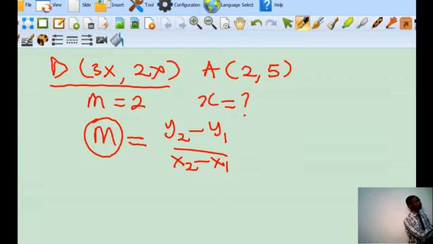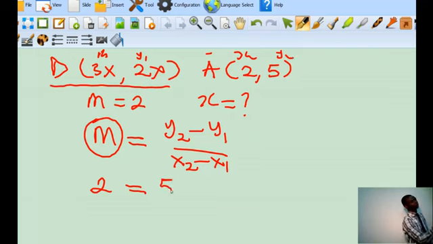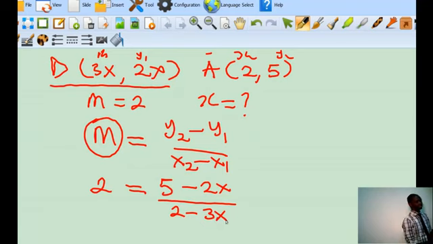So substituting m, we have 2 is equal to y2, these are x1, y1, x2, y2. So for our y2, we have 5 minus y1, which is 2x, all over x2 is 2, x1 is 3x. So we can make x the subject of the formula here to obtain an expression for x.